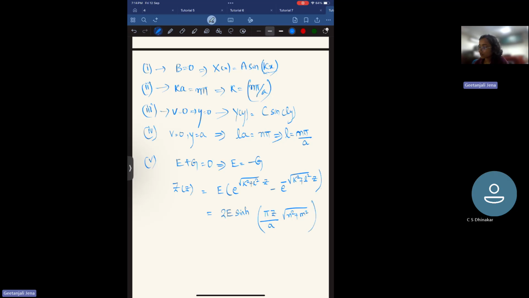I put in the values of k and l, which are n pi by a and m pi by a.